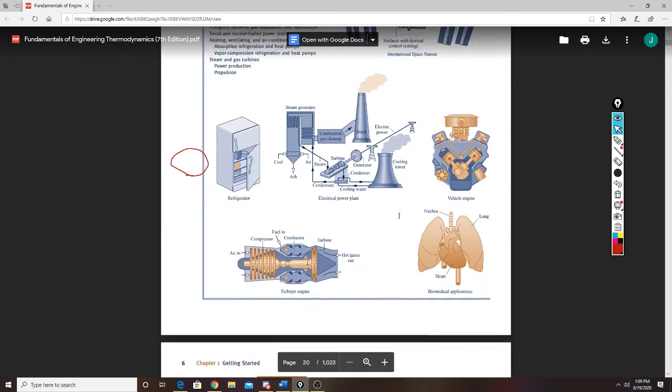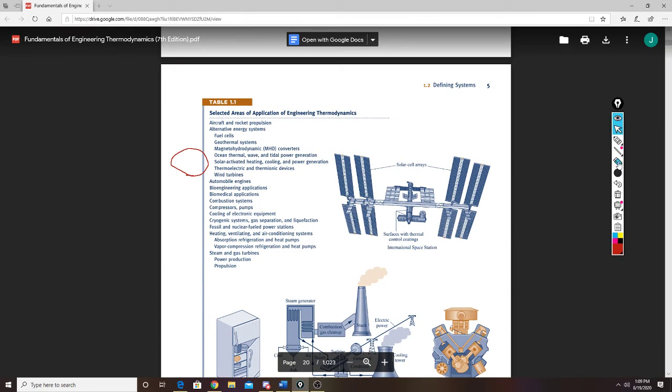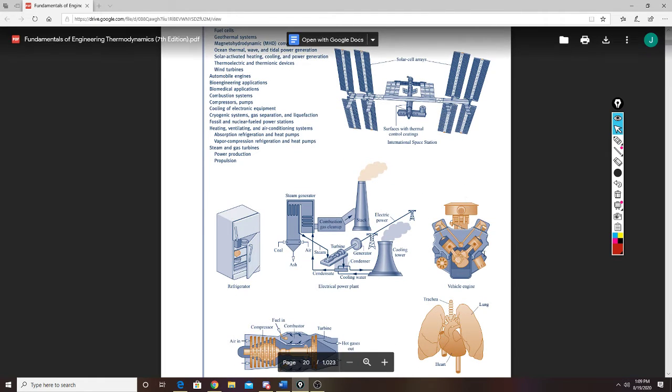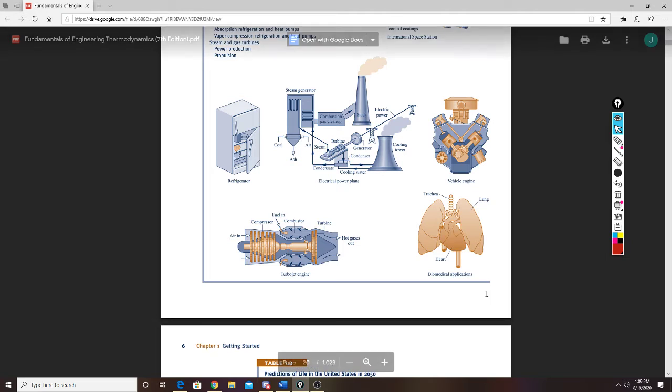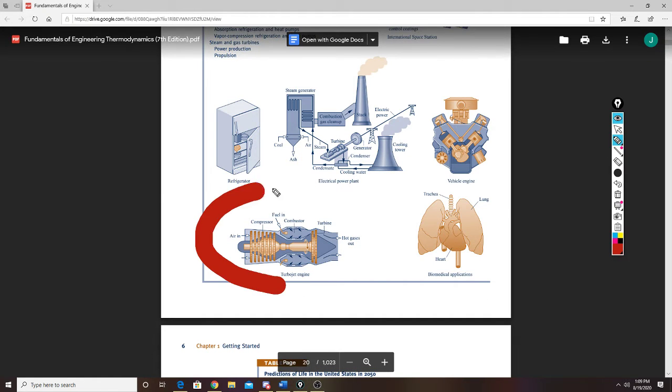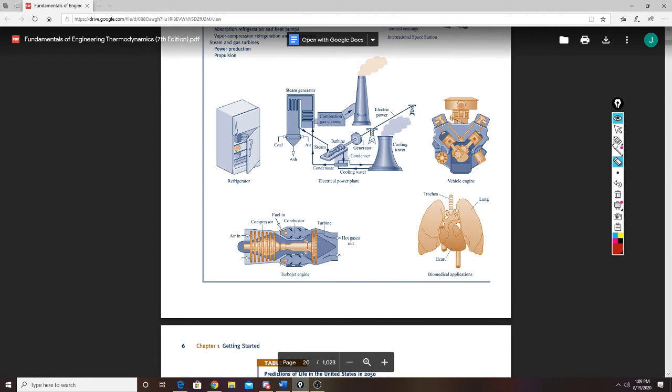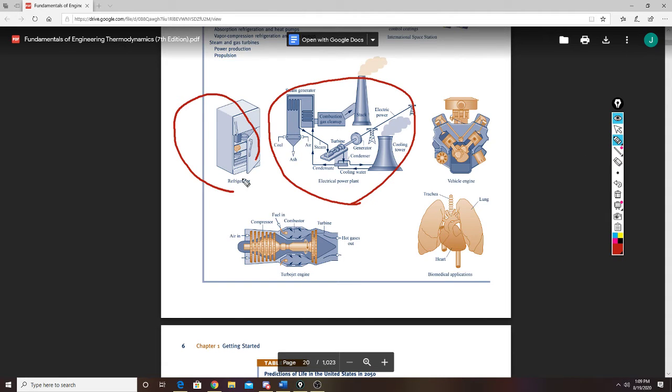All right. So we move down. These are examples of thermodynamics, where you would see it in the world. So solar cell arrays, steam generators, this is an engine. Oh, that's biomedical. That's cool. And then this right here is how you fly your aircraft jet, right? So a lot of things. Refrigeration is one thing, and that's a whole chapter in this class. In this class specifically, though, you will not solve things like this or this, or even this.